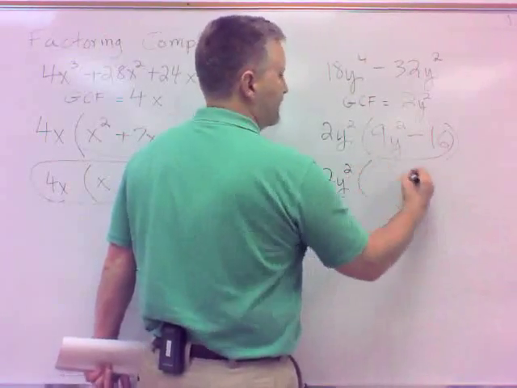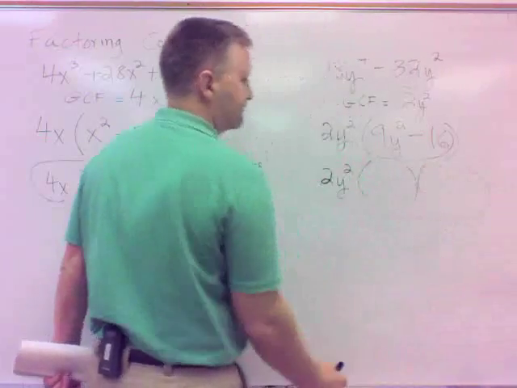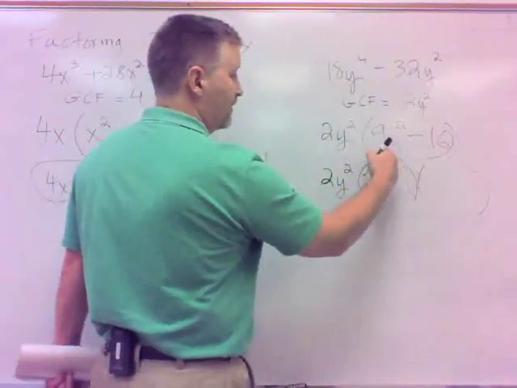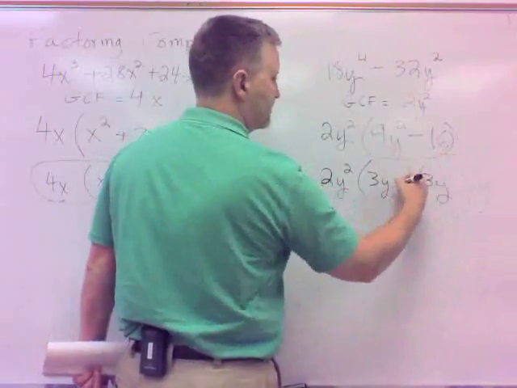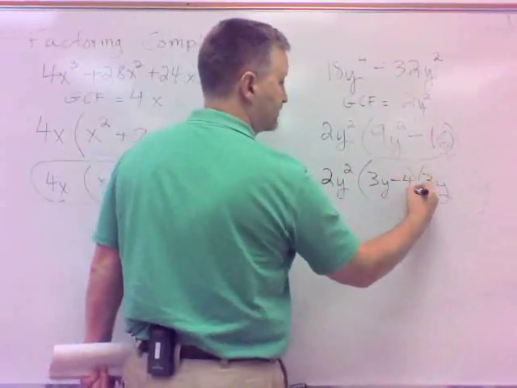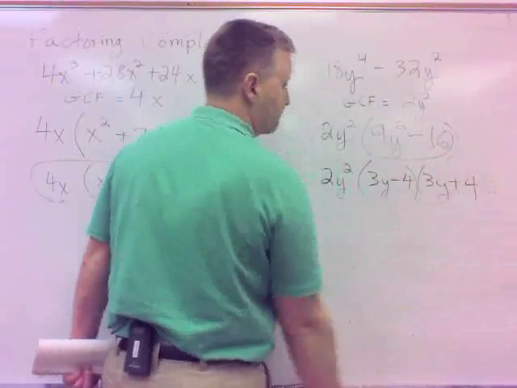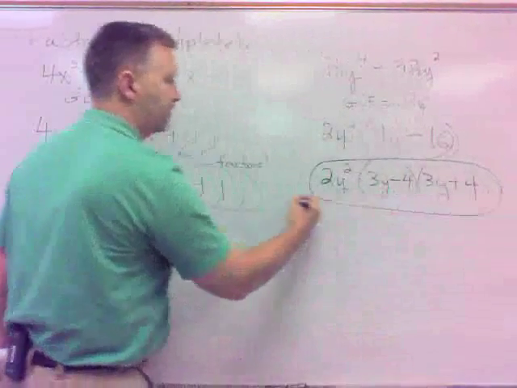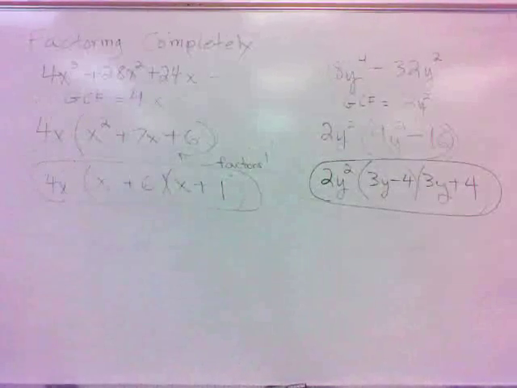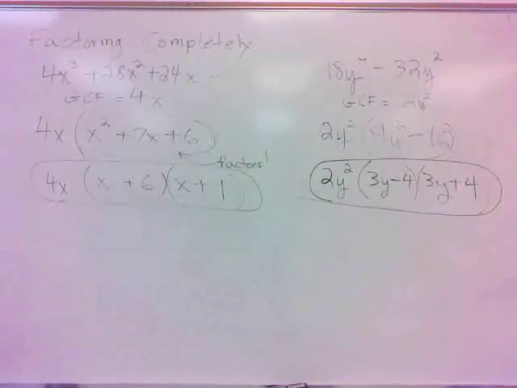It factors as a difference of squares, 2 binomials: 3y and 3y, 4 and 4, but one's a minus, one's a plus. 3y minus 4, 3y plus 4. So that's the thing we're talking about now, factoring them as much as we can.